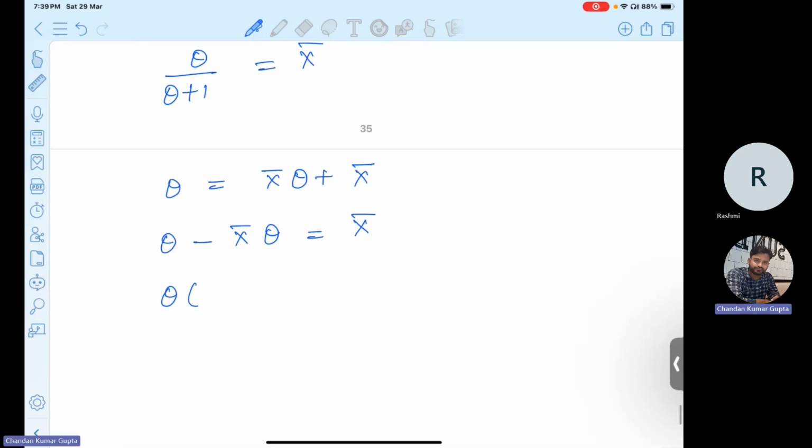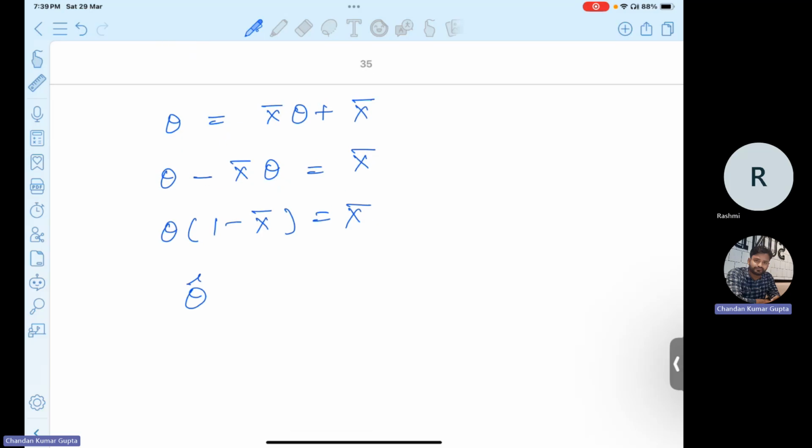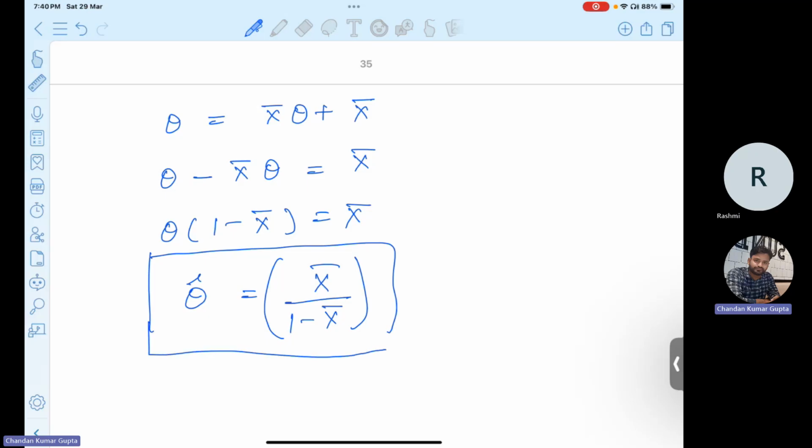Now taking theta as common, theta times 1 minus x bar equals x bar. Now theta cap is used for the estimate, the method of moment estimator here. It is x bar upon 1 minus x bar. So this is the moment estimator for the parameter theta.